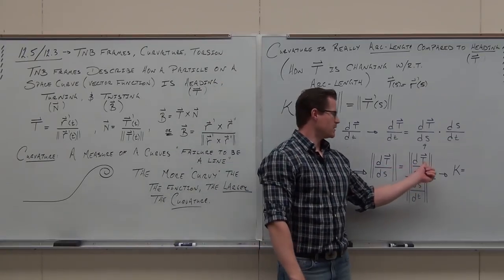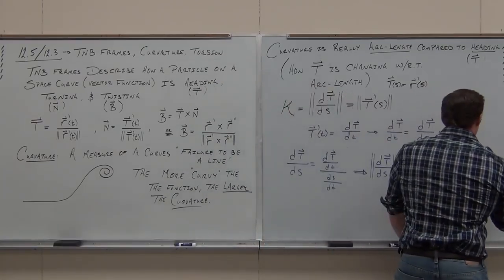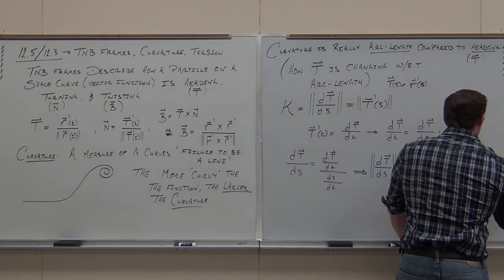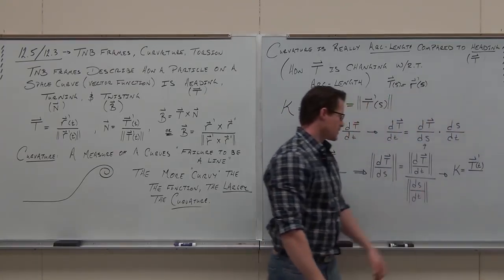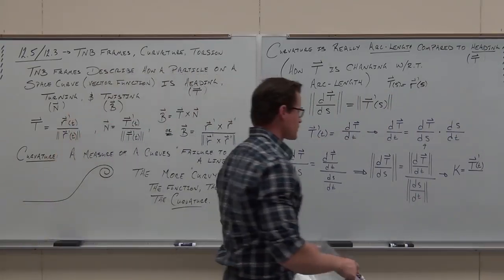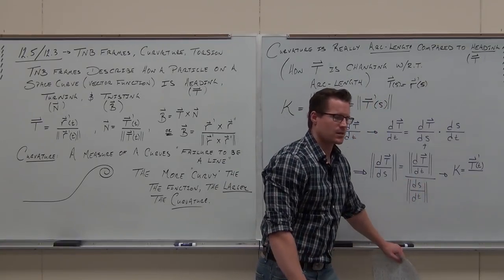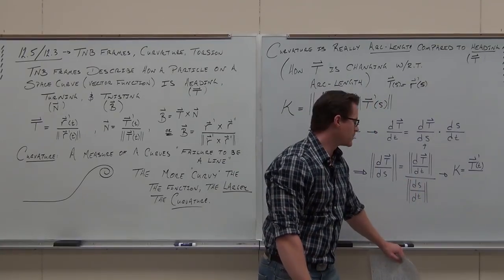This right here is the derivative of the unit tangent with respect to t. This right here, that right there, and I'm going to prove this, like a little sub-proof. Sorry, I have to do a sub-proof here.